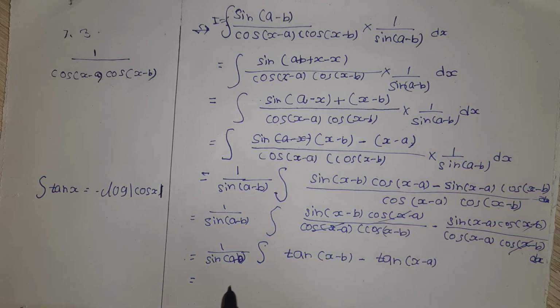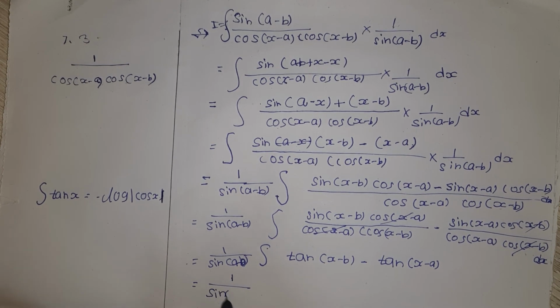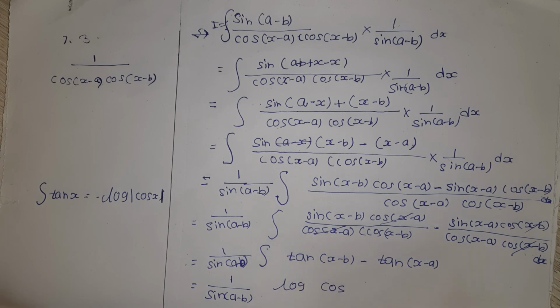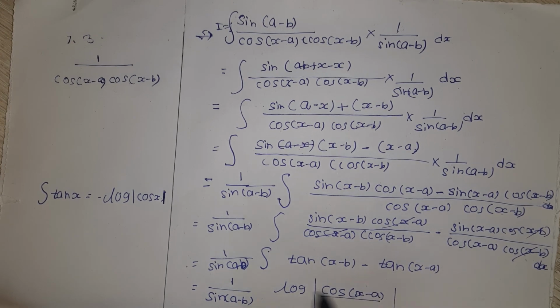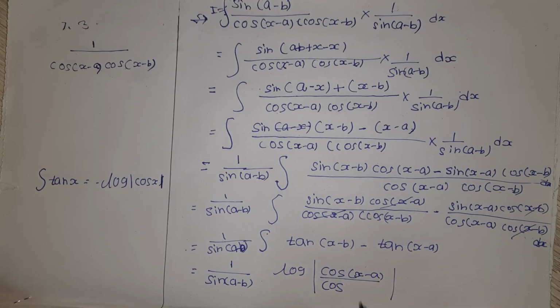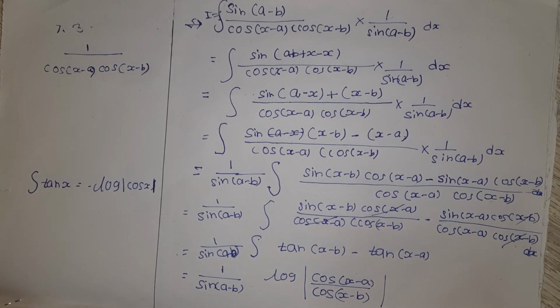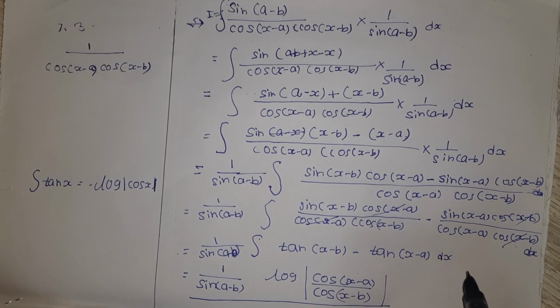I'm skipping that step and directly I can write it as 1 upon sine a minus b, and instead of this I can write it as log cos x minus a upon cos x minus b, this thing will be in mod only, right? So this is your final answer. This is the only your final answer, right?